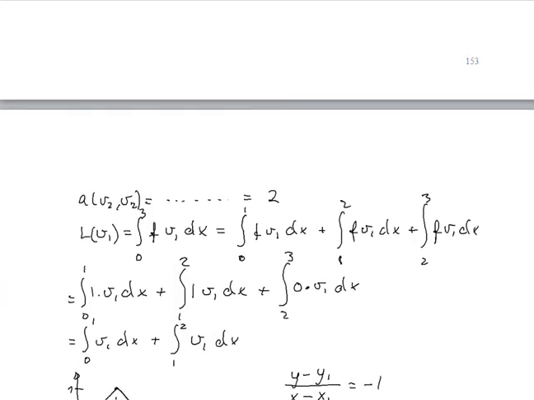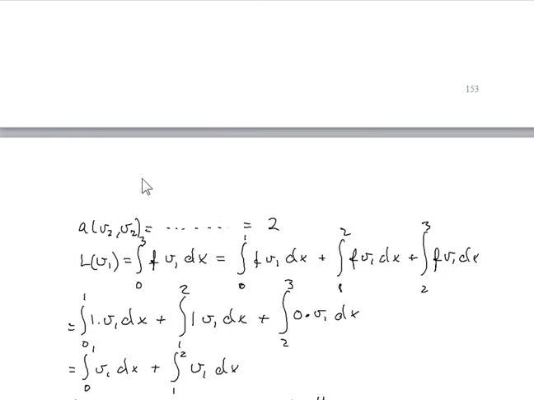Let us now compute a v2 v2, and this is done exactly as above. We just have to write out the integral corresponding to a v2 v2, and we easily get, using the same method, that this value is equal to 2.